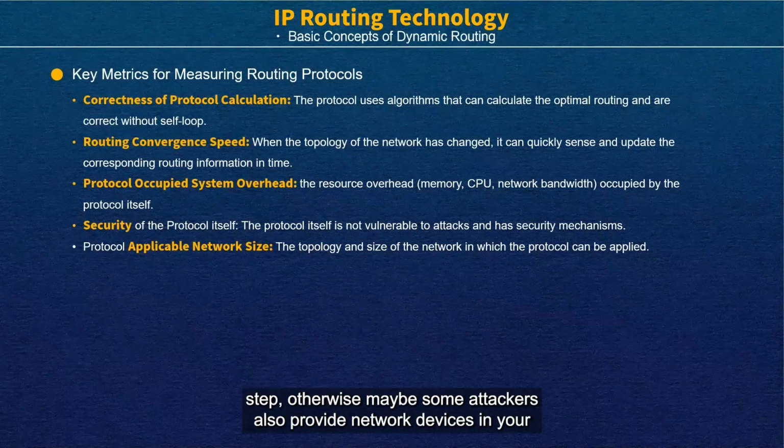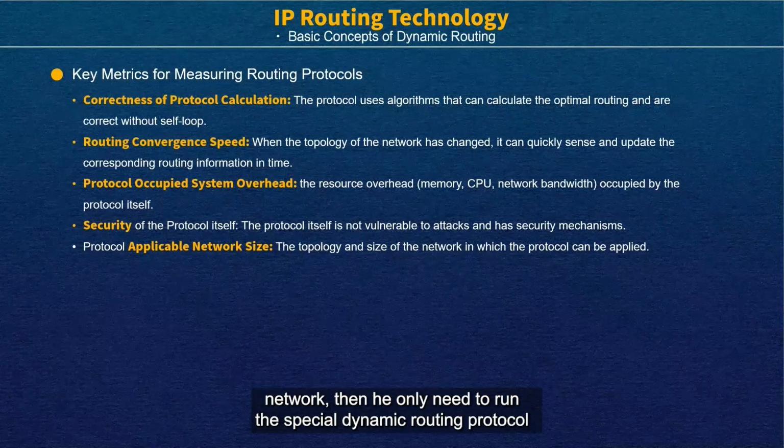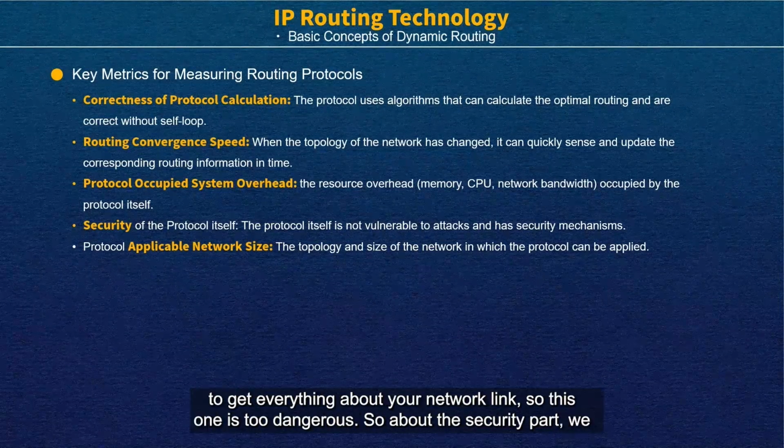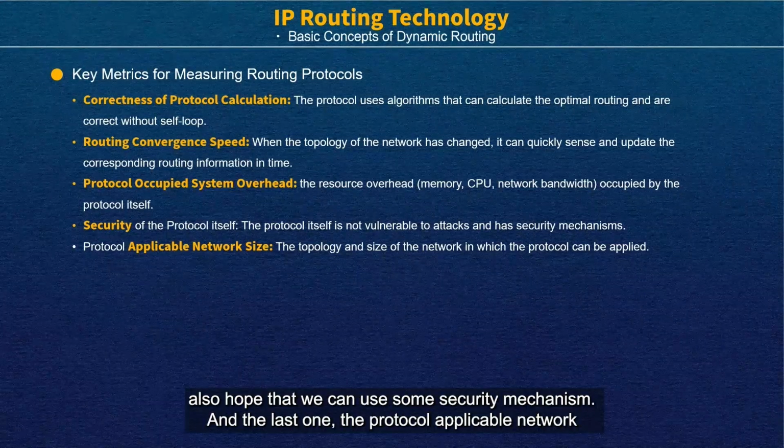Otherwise, maybe an attacker can also put a network device in your network, then only by running the special dynamic routing protocol, he can get everything about your network links. So this is too dangerous. So about the security part, we also hope that we can use some security mechanism.